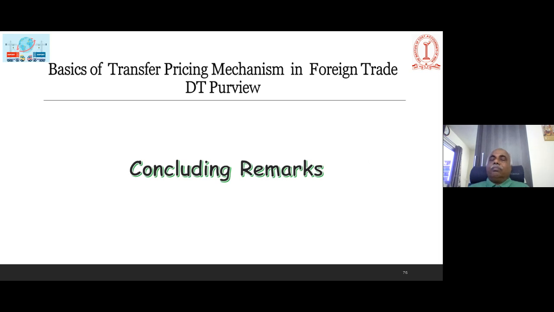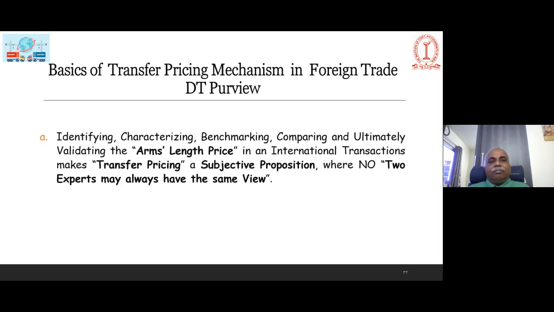To conclude, identifying, characterizing, benchmarking, comparing, and ultimately validating the arm's length price for any organization in an international transaction makes transfer pricing a subjective proposition where no two experts may always have the same view.